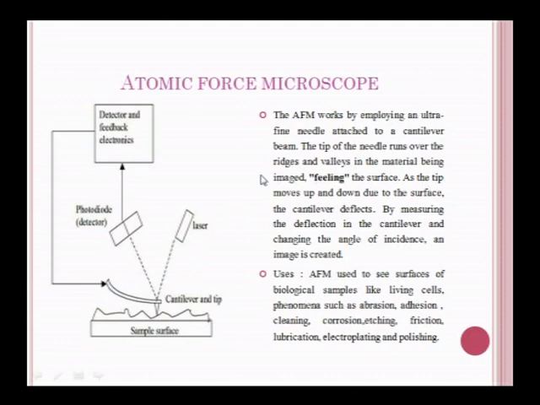So by knowing the reflected light, one can study the nature of the surfaces. This atomic force microscope, as I told you, is one of the powerful instruments in the hands of scientists nowadays. It not only studies surfaces, but this instrument is also used to force atoms from one point to another on the surface.